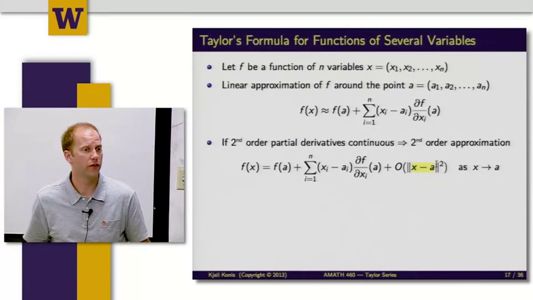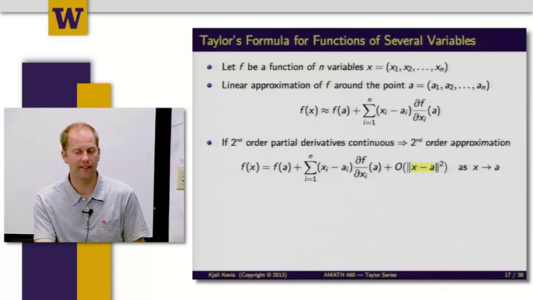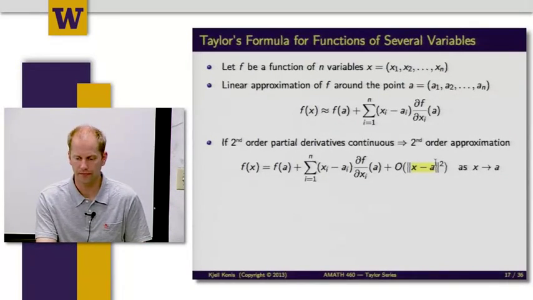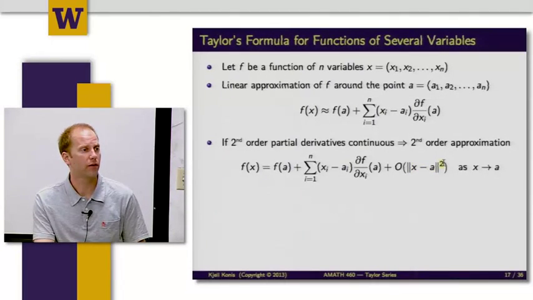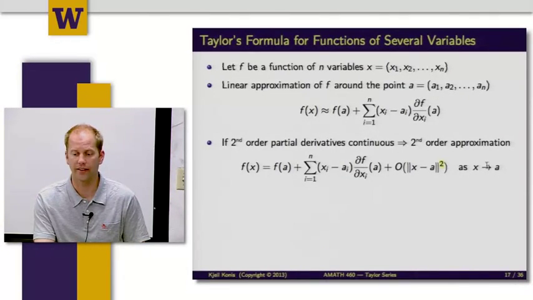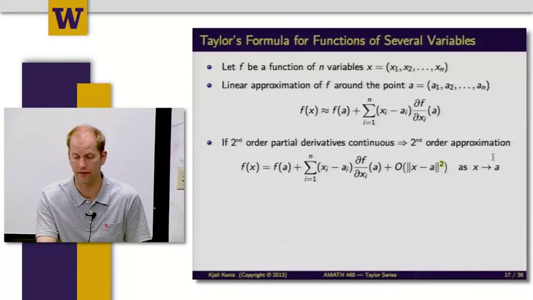This symbol, the two vertical parallel lines on each side, just means the length of the vector, the Euclidean length of the vector. And because that length is squared, this is big O of the length squared, essentially, as x is going to a. So I still have the same quadratic sort of error property for this linear approximation that I had for a function of a single variable.